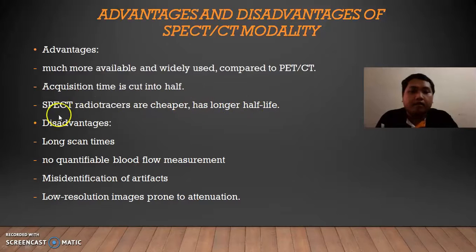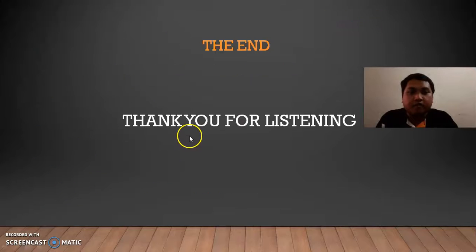However, it still has disadvantages, which are, first, long scan time, and then no quantifiable blood flow measurement, and sometimes misidentification of artifacts will happen. And finally, low resolution images prone to attenuation.